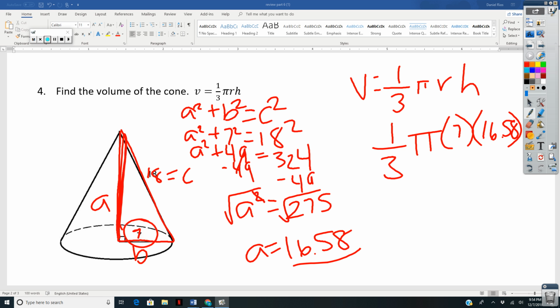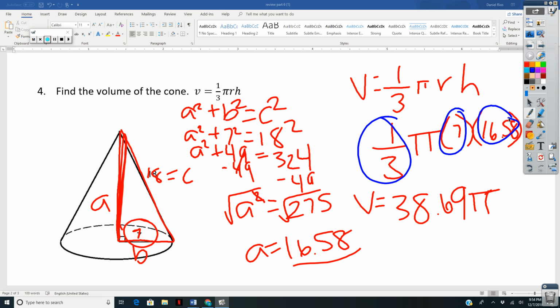So I'm going to do 1 divided by 3 times 7 times 16.58, which gives me 38.69, I believe. And multiply that times pi. So what I did is I only multiplied this times that, and it gave me 38, and then I just brought the pi down. Okay, so my answer would be all that.